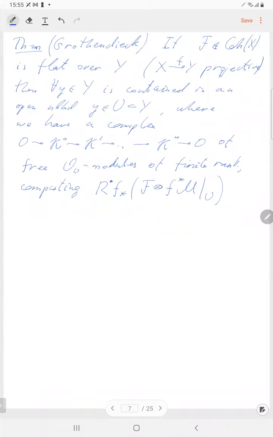So let me say what I mean by this. We had this flat sheaf on X. So we also have an arbitrary coherent sheaf M on Y. And when I say that this complex computes this full direct image, I just mean that for any i, the ith direct image of F tensor the pullback of M over U is the ith cohomology of this complex.